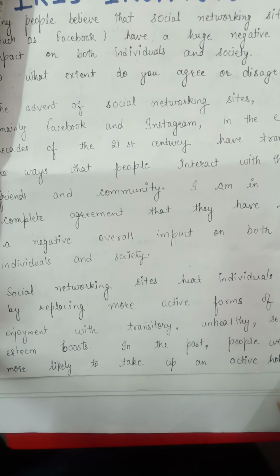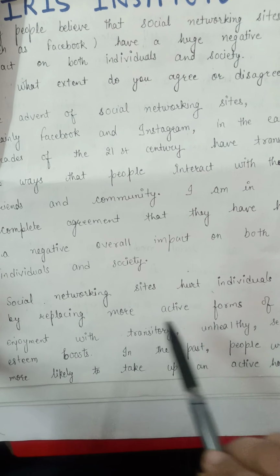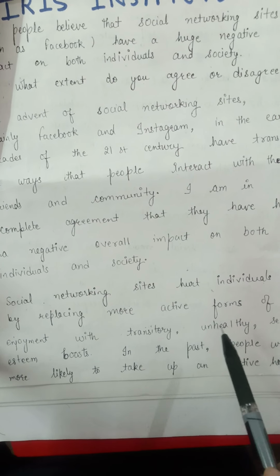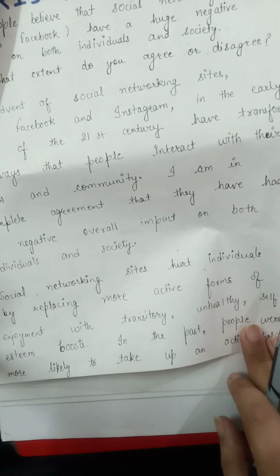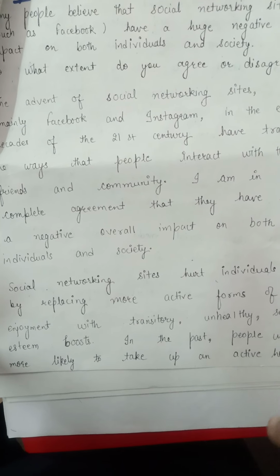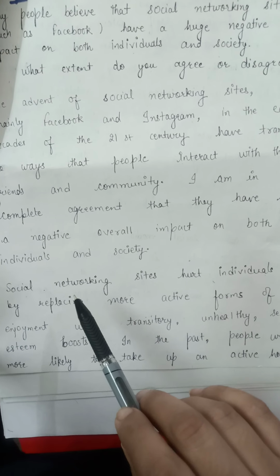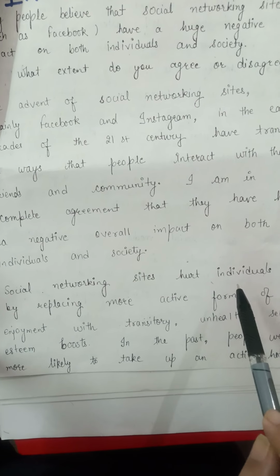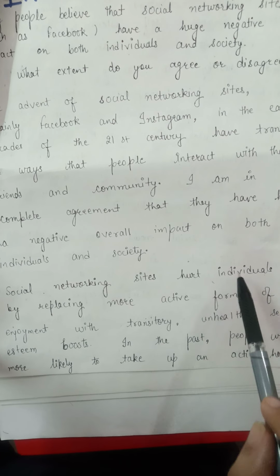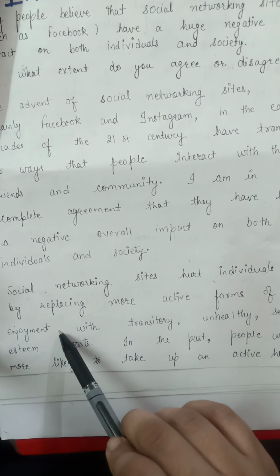Social networking sites hurt individuals by replacing more active forms of enjoyment with transitory, unhealthy self-esteem boosts. Stop. What I have done here? I have written why I agree that it hurts individuals. It hurts individuals by taking the place of actual enjoyment.